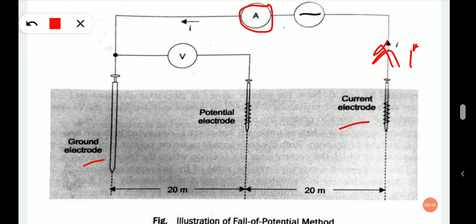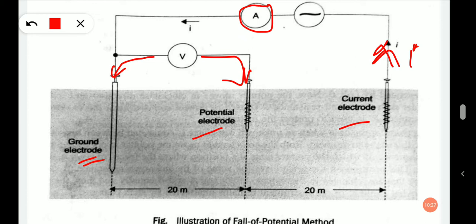A voltmeter is connected between ground electrode and potential electrode, which is meant to measure the potential drop between the two electrodes, that is ground and potential electrode.